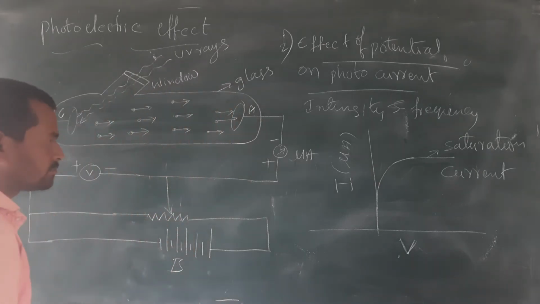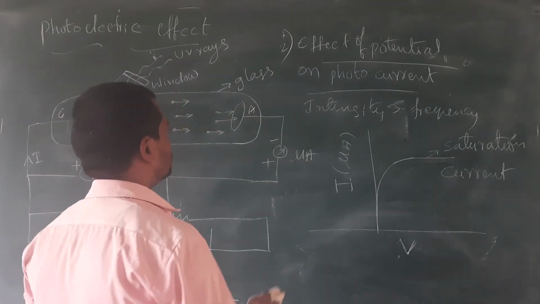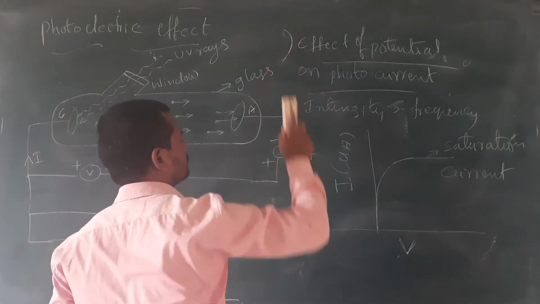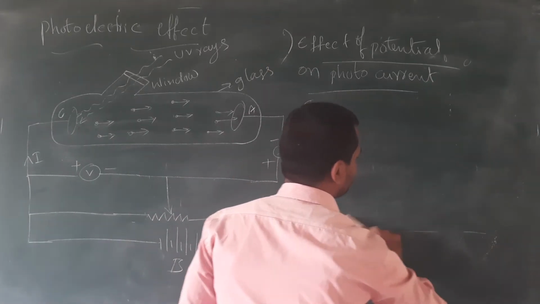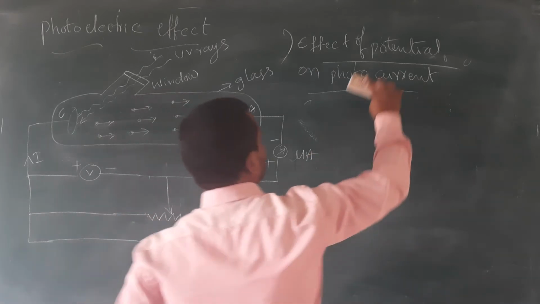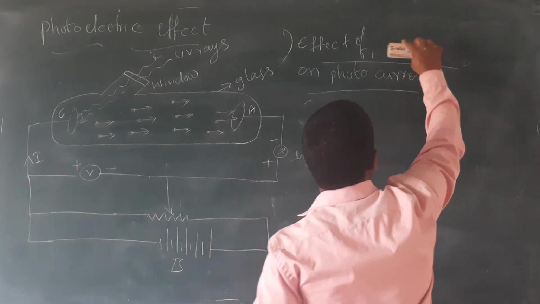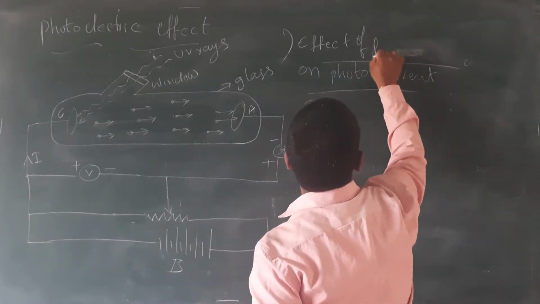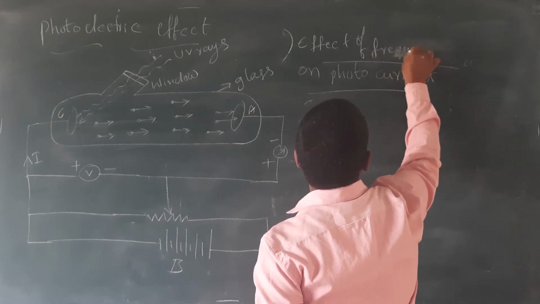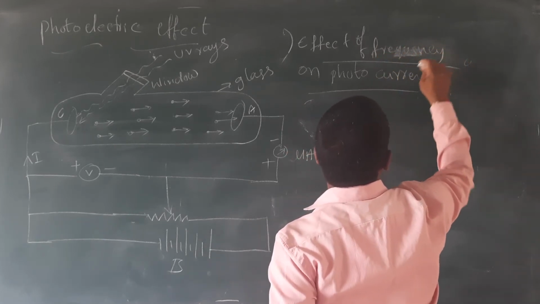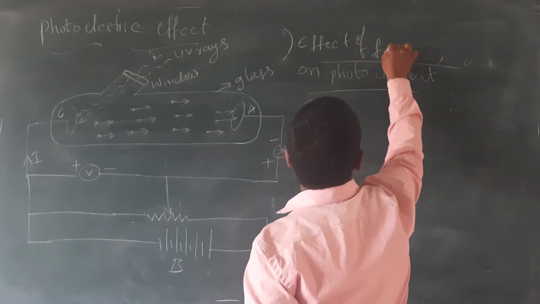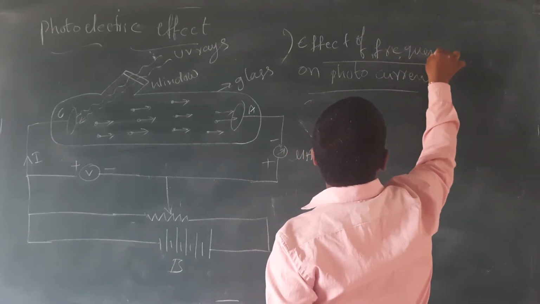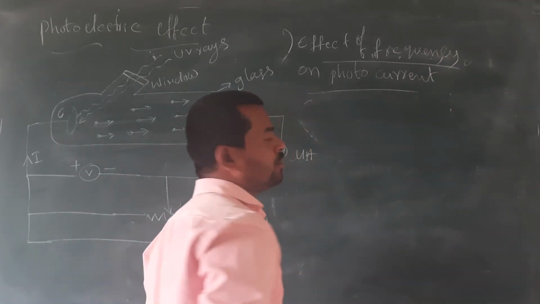Now, the third point is the effect of frequency on photocurrent.